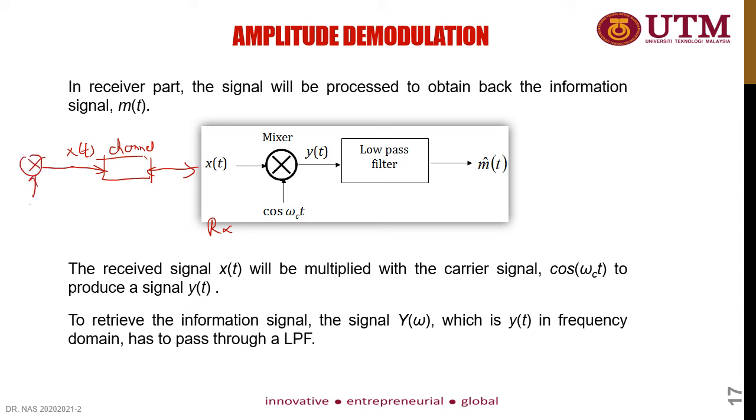It's the multiplication of c(t), the carrier, and the input signal. So here is the modulation process, while at the receiving end you have the demodulation process.